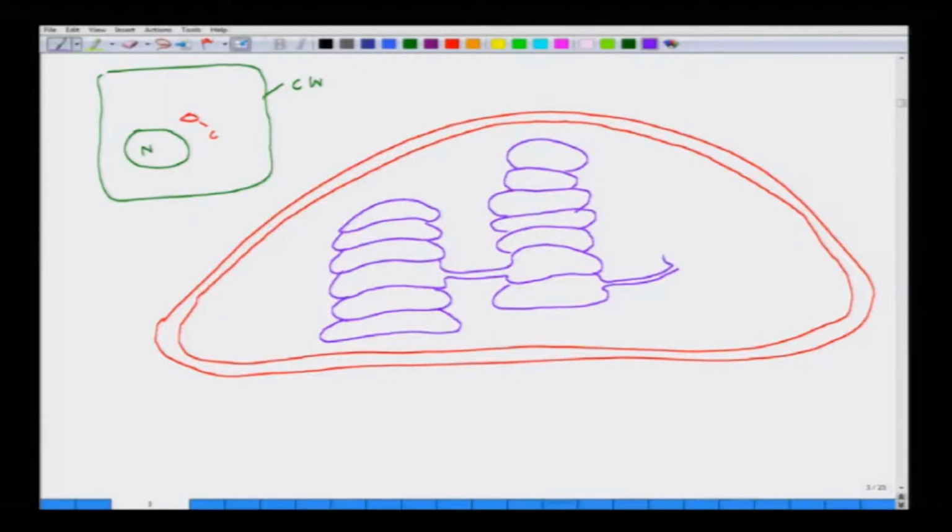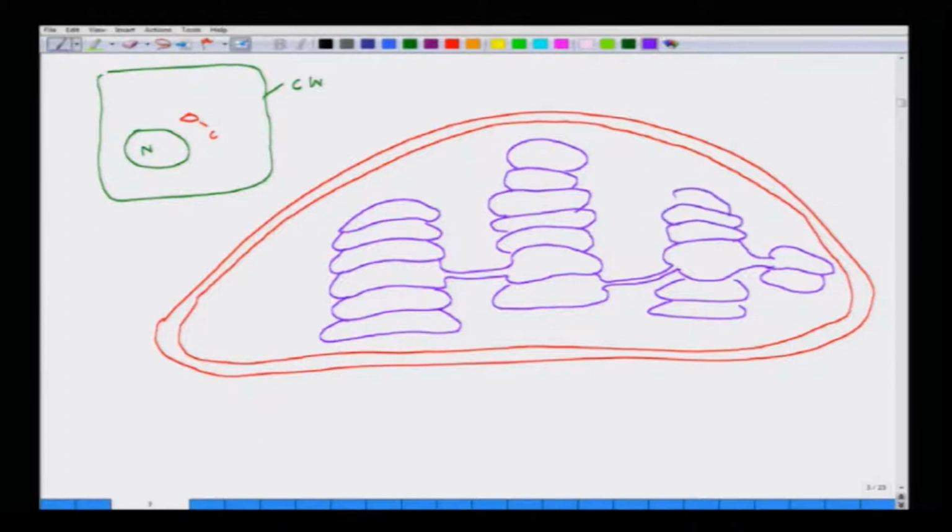These may be connected to another set of structures like this, at multiple levels. I'm just simplifying the diagram. This kind of structure, what I have just drawn, is basically called the thylakoid membrane, and these thylakoid membranes are also double structured.